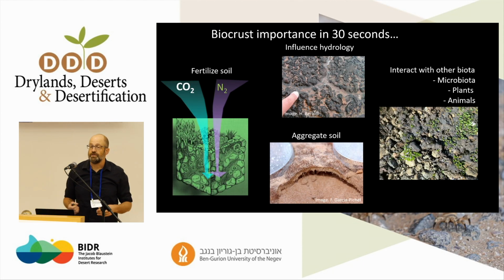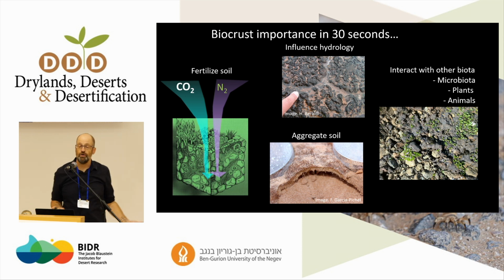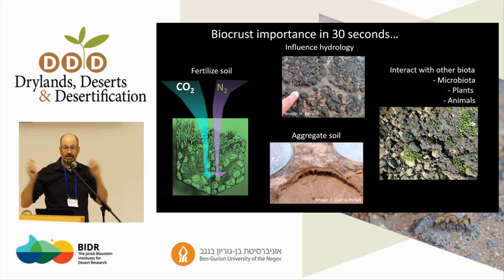They're very interesting, but they're also extremely important to the function of dryland ecosystems, and that's for various reasons. One reason is that they are photosynthetic and they harbor nitrogen fixers. So when you have a biological soil crust or biocrust, that means you are adding and accumulating soil fertility. They're also very influential in hydrology.